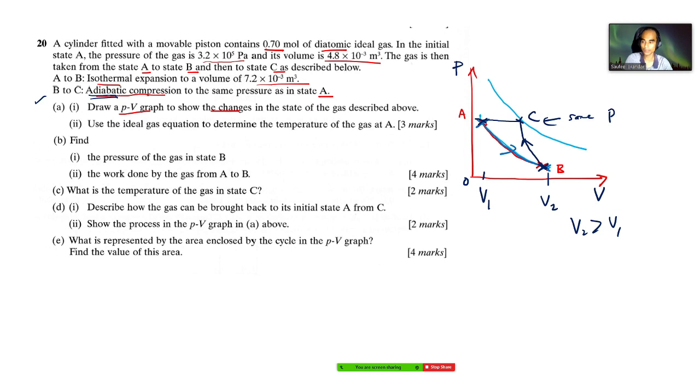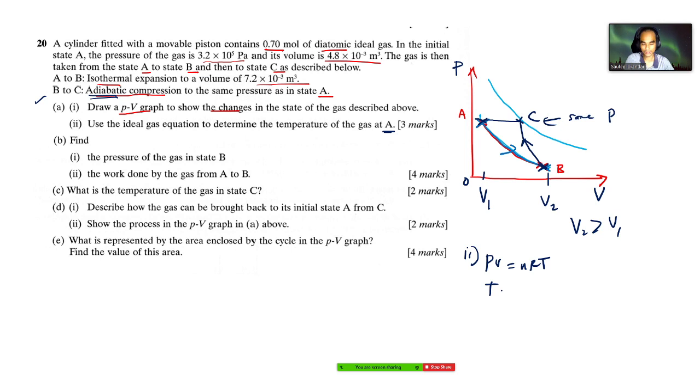Number two, use the ideal gas equation to determine the temperature at gas A. To get the temperature at A, you can use the ideal gas equation, that is PV equals nRT.